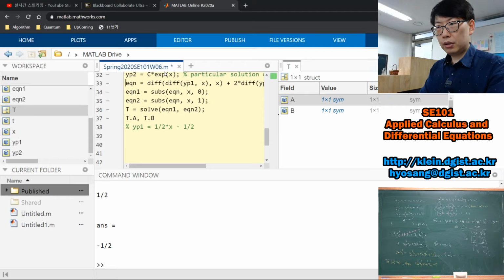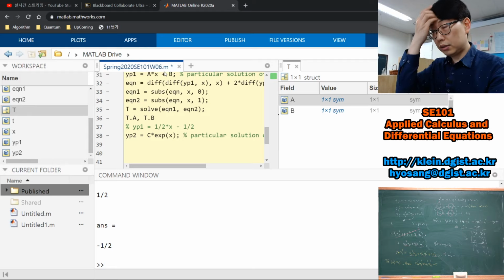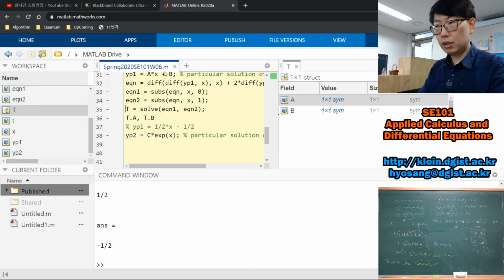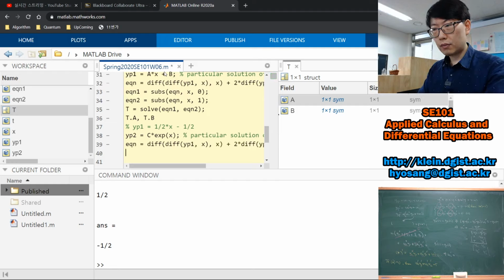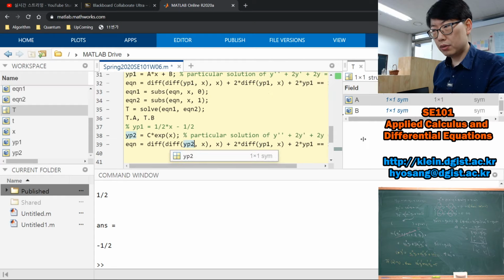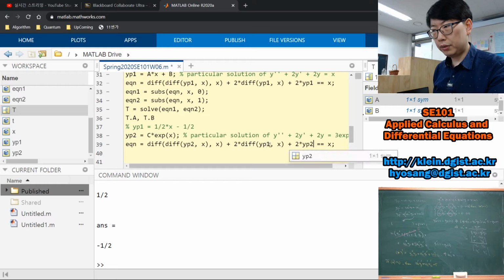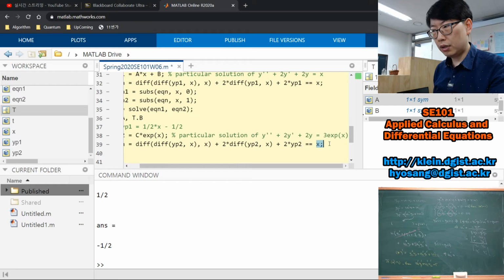Okay, and how about yp2? For yp2, you do the same thing, but let's do it more simply. We have yp2 replaced here, and this is now 3 times x to the power p, right?